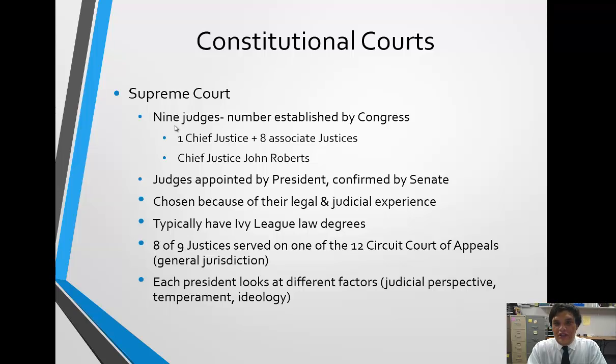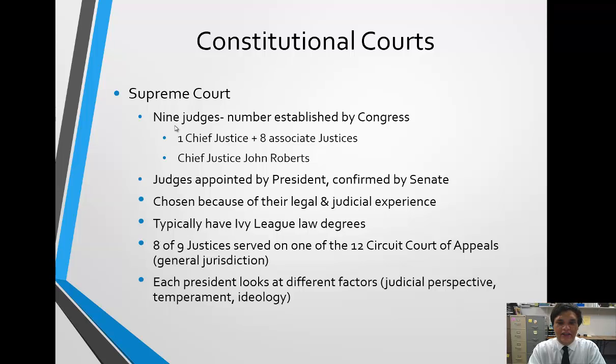The Supreme Court justices are usually chosen because of their legal or judicial experience. They have to have a very rich, knowledgeable background in the law and the proceedings of the United States courts. They typically have Ivy League law degrees, so they're typically well educated. 8 of the 9 justices currently served on a Circuit Court of Appeals for a while.